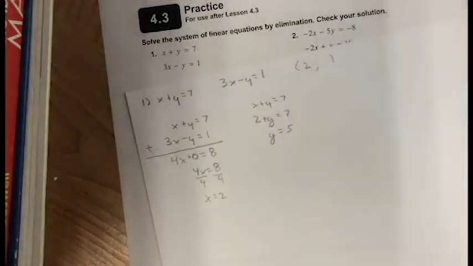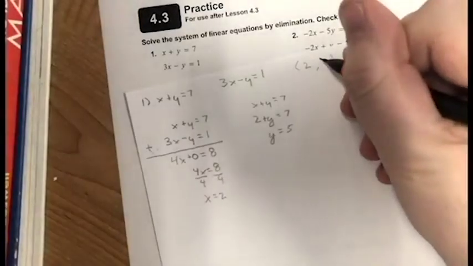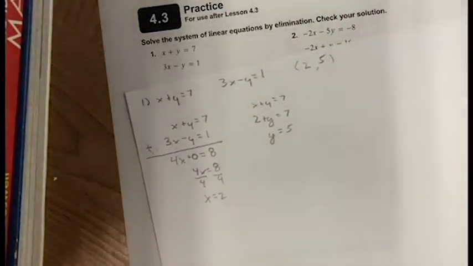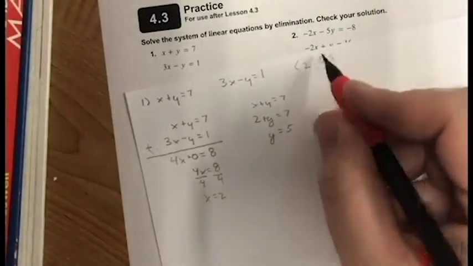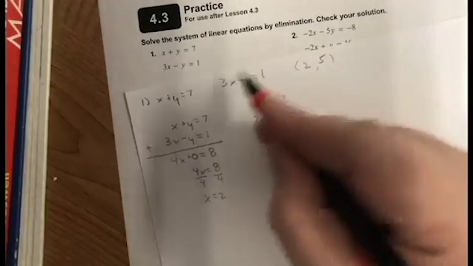So if we have done this correctly, our solution to where these lines would cross would be at ordered pair (2, 5). Now, what we've got to do is verify that. How do we verify it? We take this ordered pair and we put it back into the second equation.